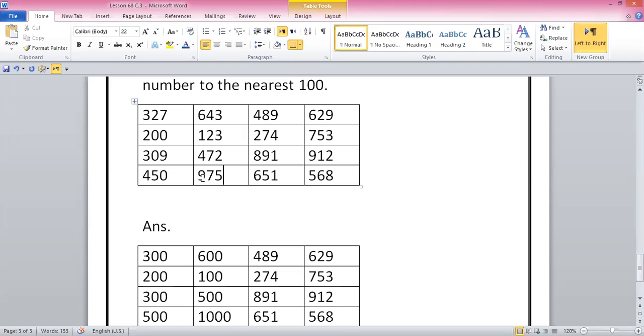I tell you one thing. This is 9 and this is 7. What is the formula? What is the trick? You have to check the number on the 100 place, that is 9. Then you check the number exactly next to it, that is 7. If that number is 5 or greater than 5, then you need to add 1. So look here, this is 9.